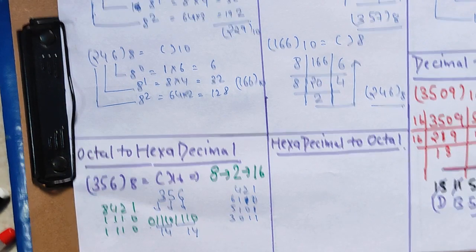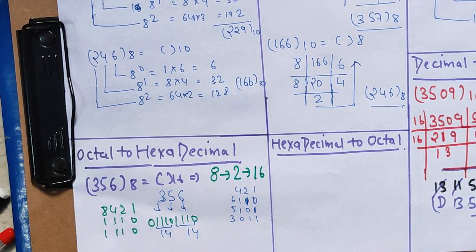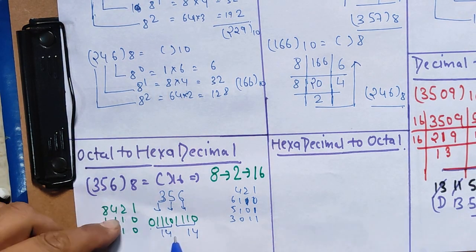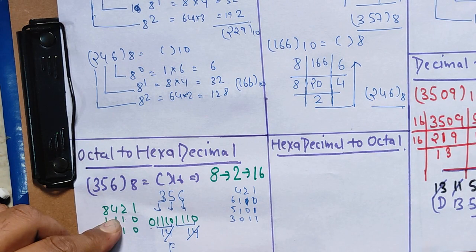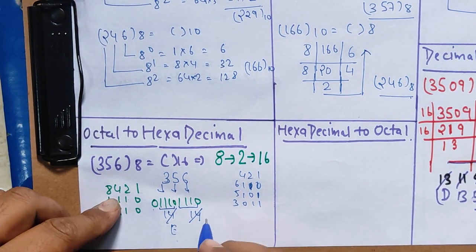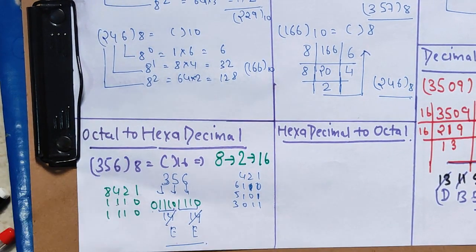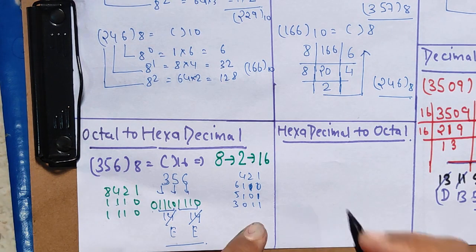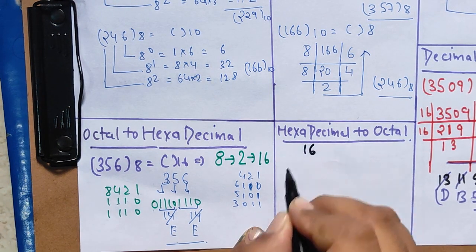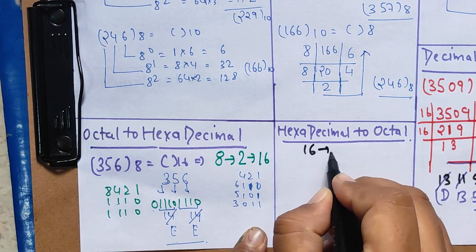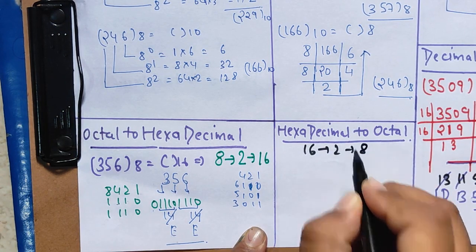Okay, both are 14. Now what I will do, I will replace 14 by E and E because we cannot write 14 in hexadecimal. And at last I will convert a hexadecimal into octal. Then for this I will convert hexadecimal into binary, then binary into octal.